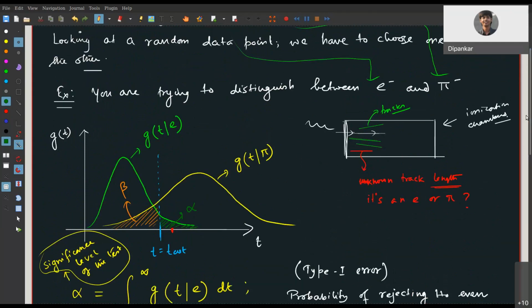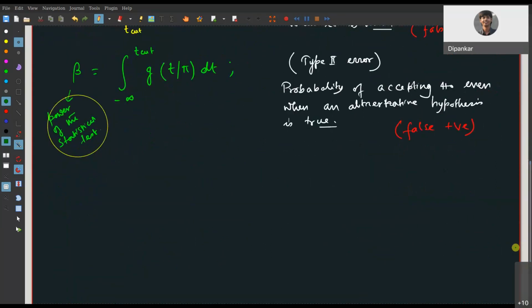So this T, in this case the example is the track length, itself plays the role of the thing that distinguishes between two hypotheses. I will come to those examples. Okay.